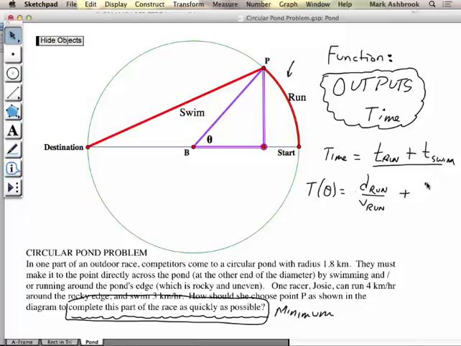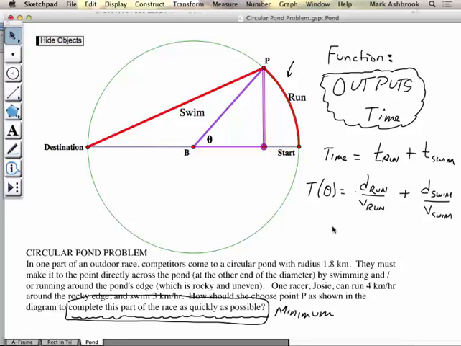And then the time for the swim will be the distance of the swim over the speed of the swim. So we're taking that general structure of the time for the run plus the time for the swim and getting a little more specific. And we need to get this all in theta.